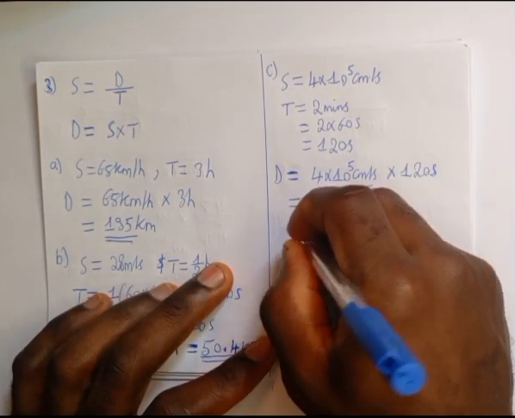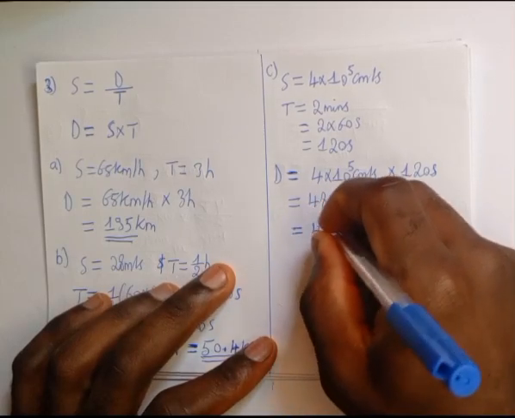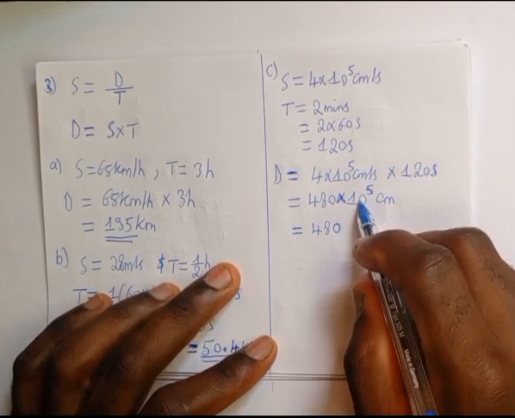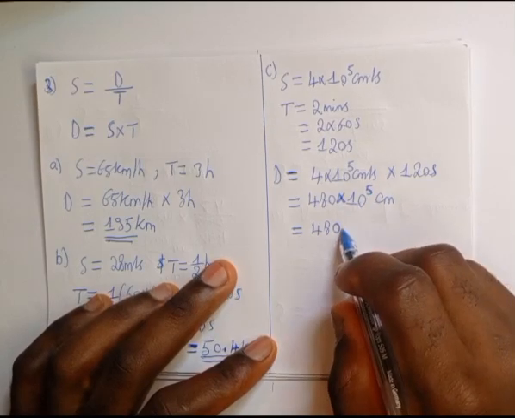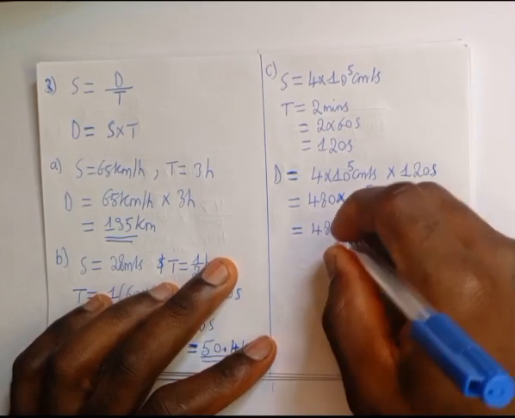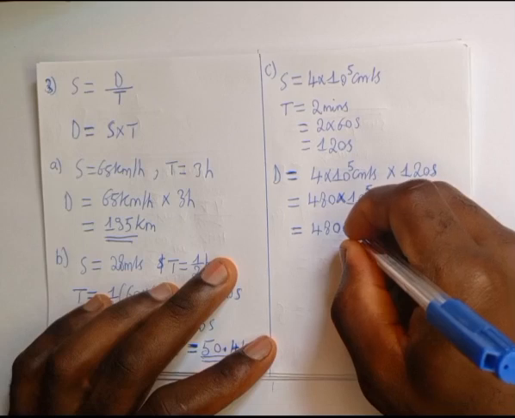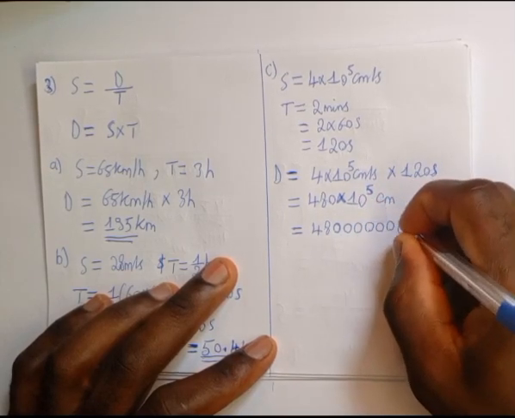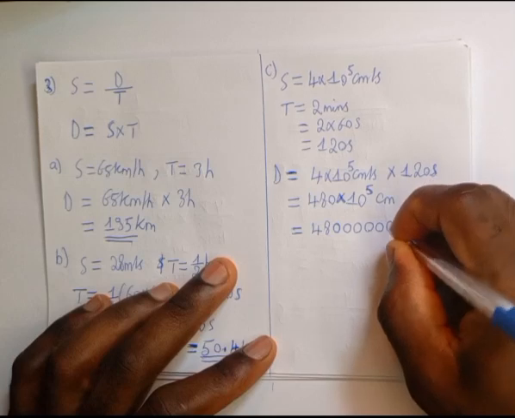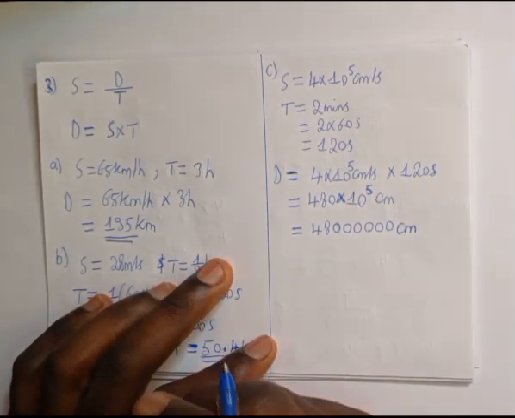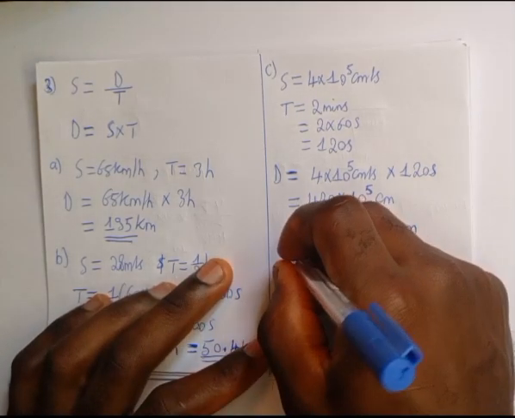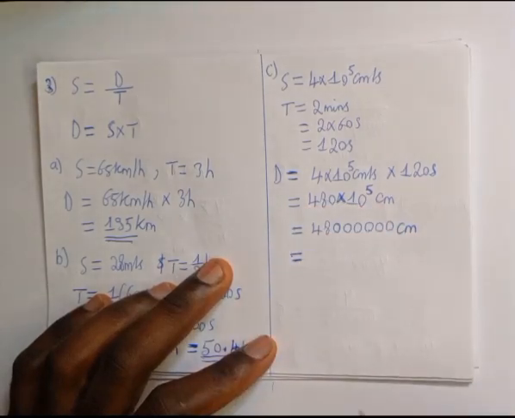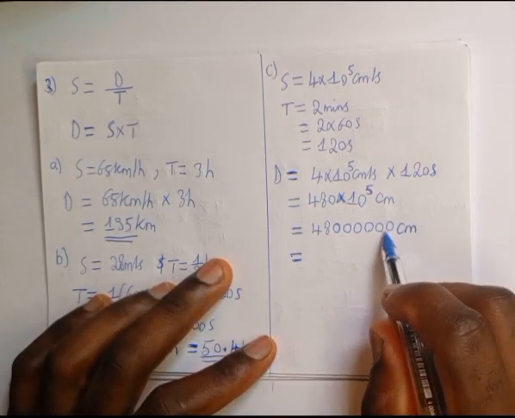We can express this as 480, and 10 to the power 5 simply means we are going to attach 5 zeros to this number. We attach 1, 2, 3, 4, 5, and the unit is centimeters. For us to change from centimeters to meters, we are going to divide by 100. Dividing by 100, 2 zeros will go off.